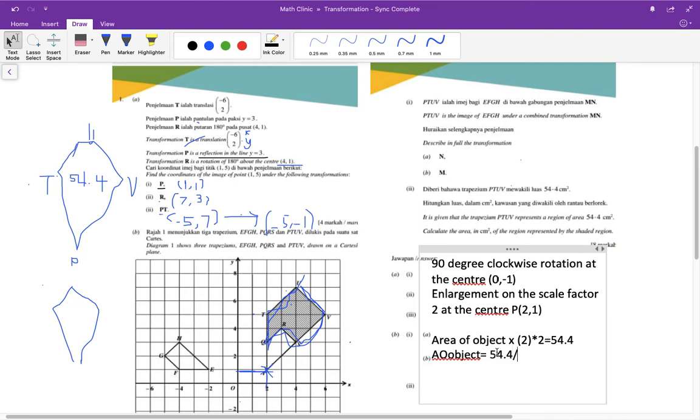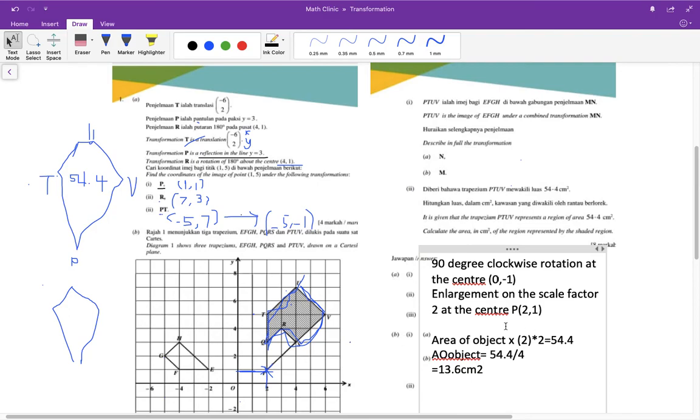I just use the dash, it represents divide. So the square of 2 is 4. So basically the area of object is, let's use my calculator. So it's 54.4 divided by 4, so it's 13.6 over here. So yeah, this is cm square, okay?